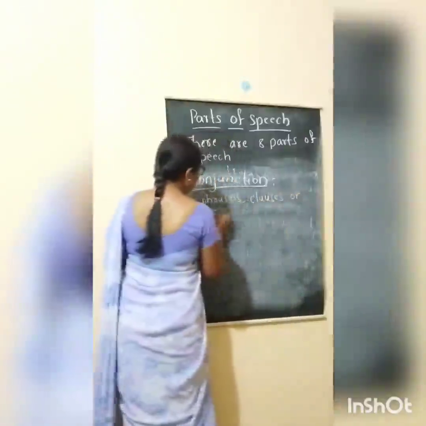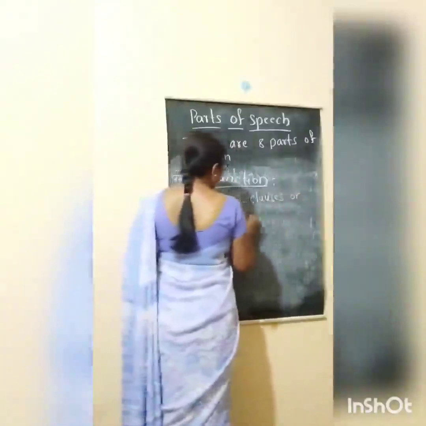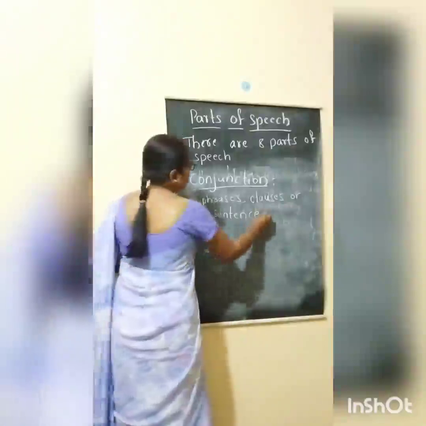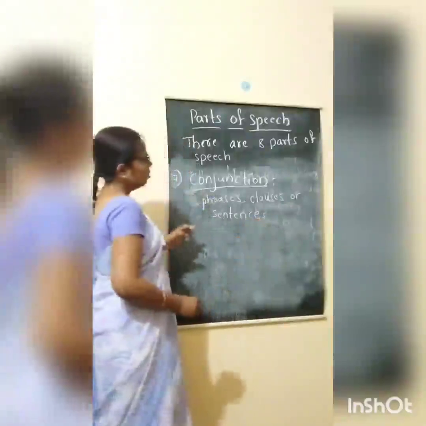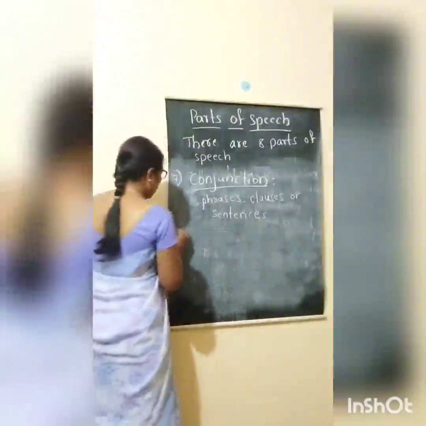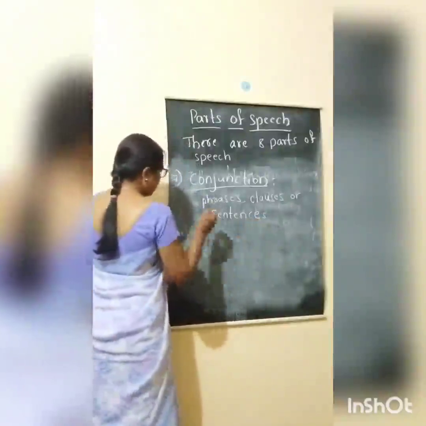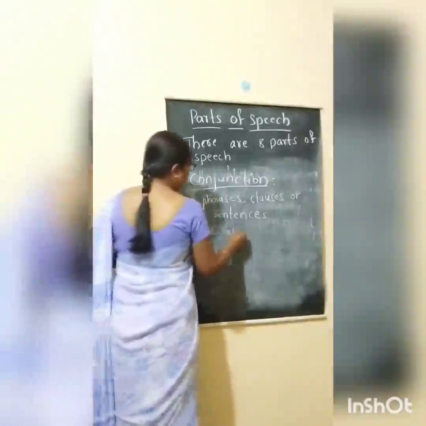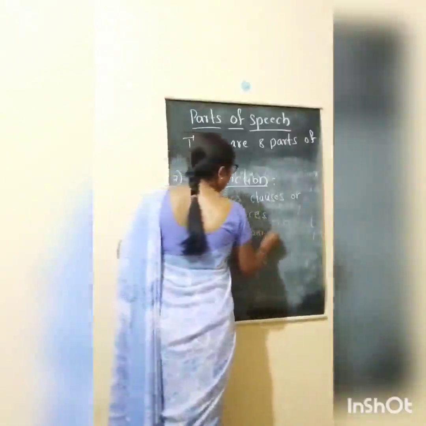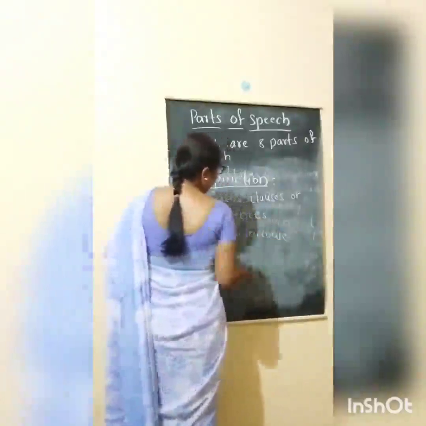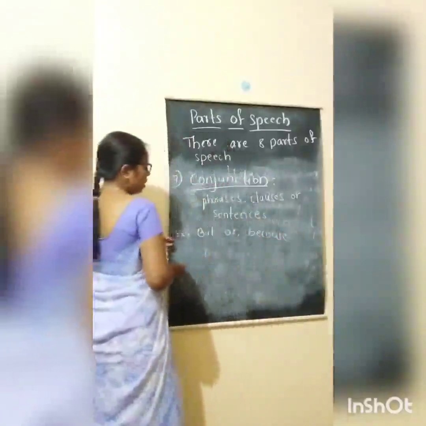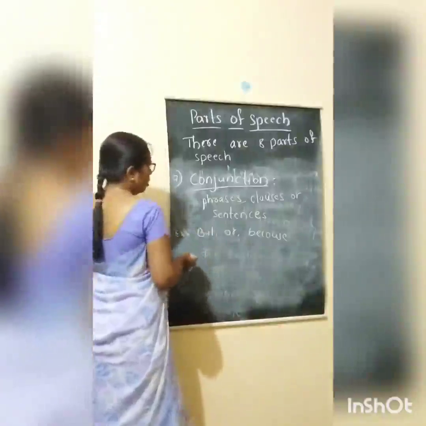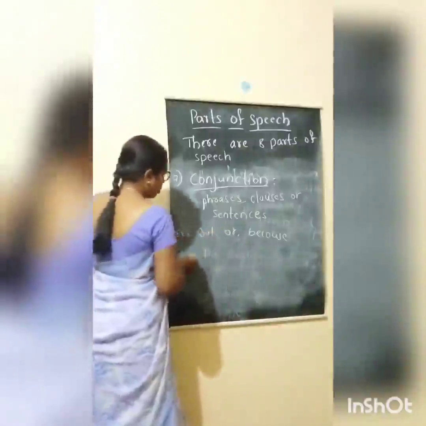Suppose, for example, but, or, because. If we use these words in a sentence to join phrases, clauses or sentences, those words are called a conjunction.